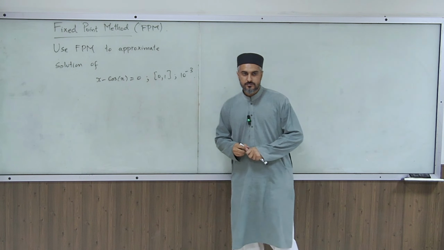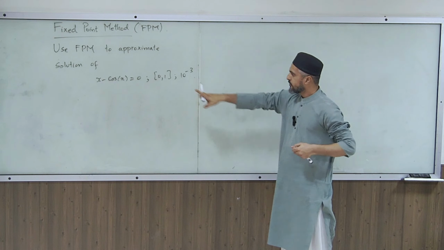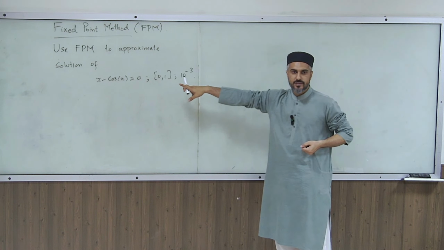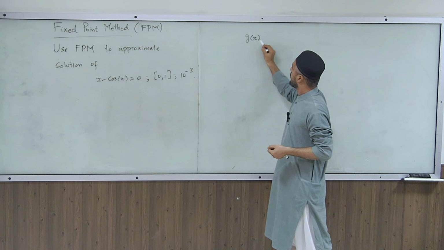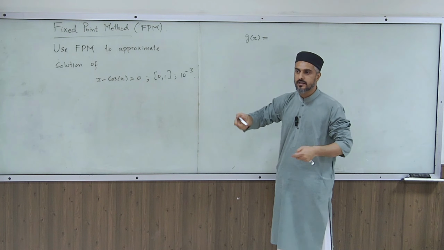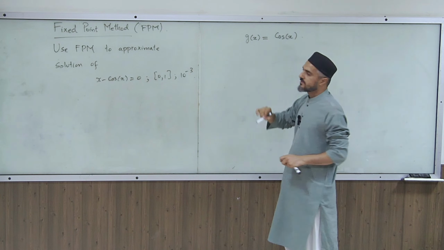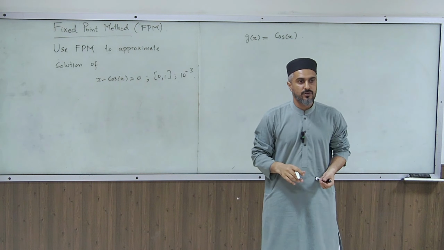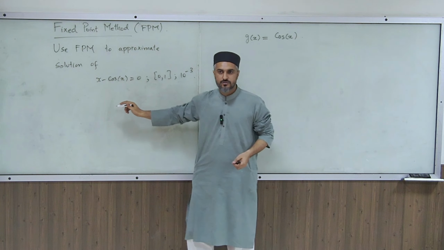Before I go to the choice of g of x, let me just write over here. I'm imposing that g of x is the same as cos x. You can see, by the way, it's a natural choice that comes from here.